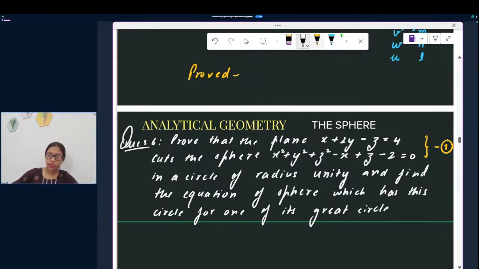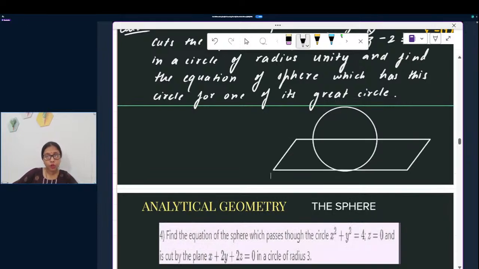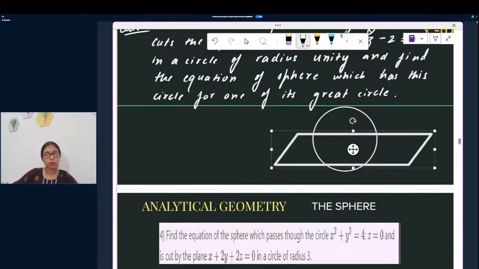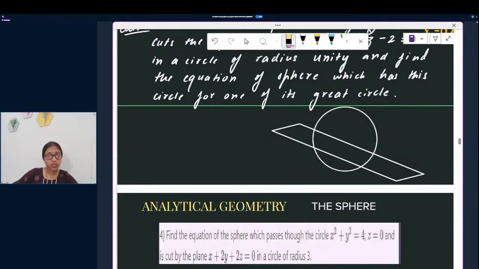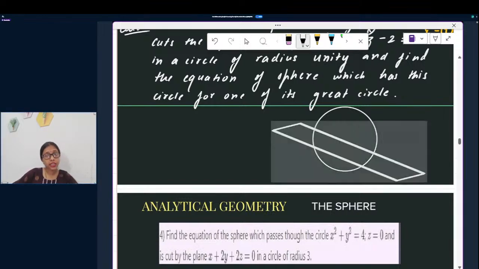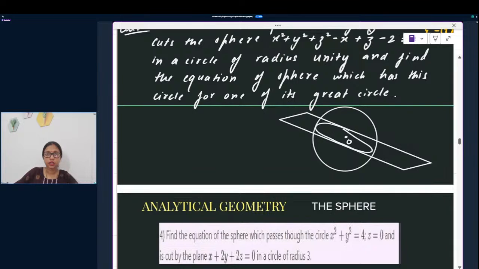You can imagine that the intersection of a sphere and a plane is definitely a circle. But what is the greatest circle possible? If this plane actually passes through the center of the sphere, so that point O lies on the plane, then this would be the greatest circle. You have to consider this in the question.